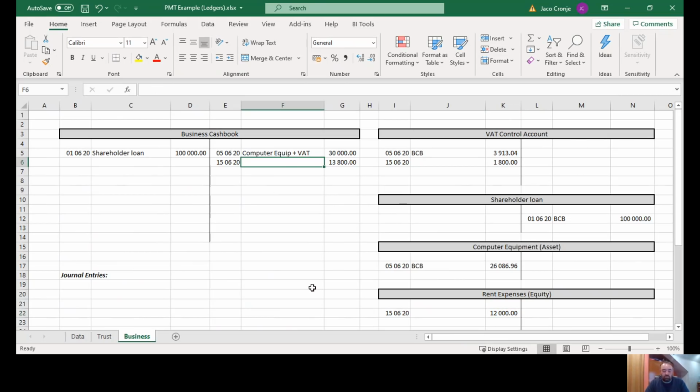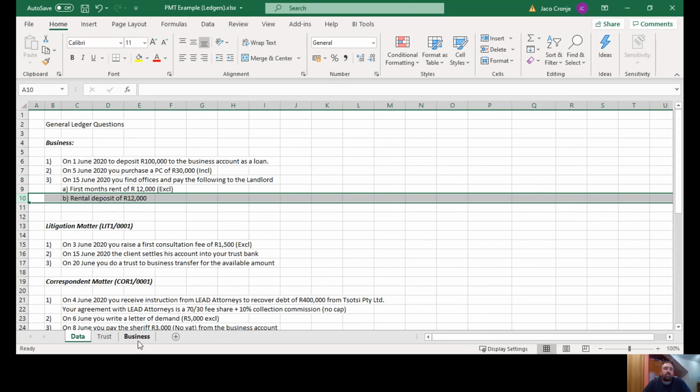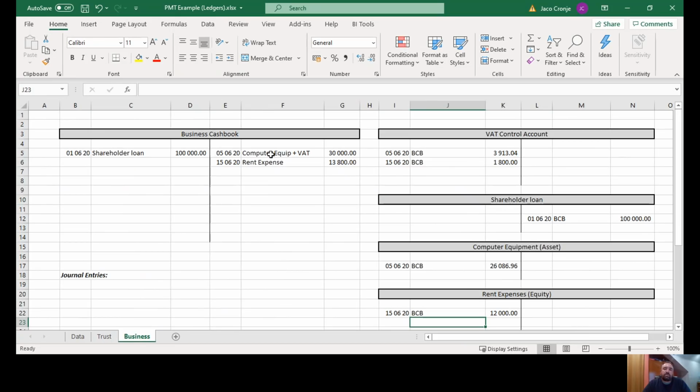So my description here will be rent expense, my description there BCB, and my description there BCB. Now let's look at the second leg of that transaction, which is the rental deposit. So also business, and that amount will go out of my bank. So that's also on the 15th.